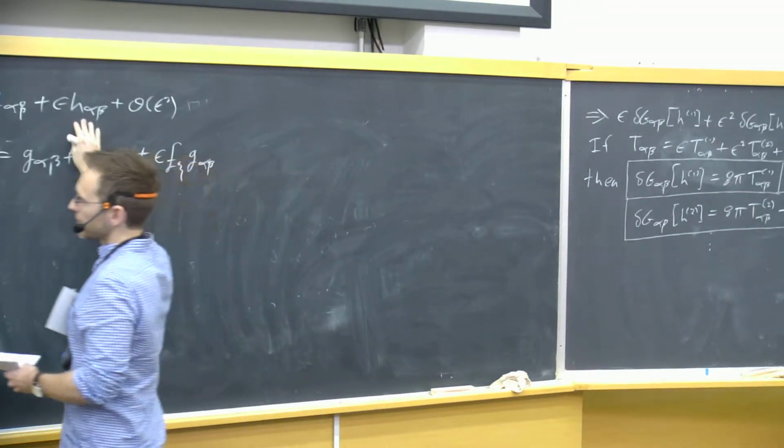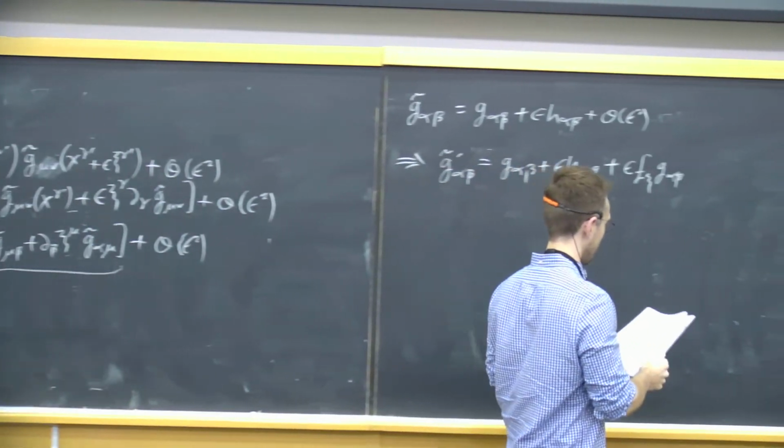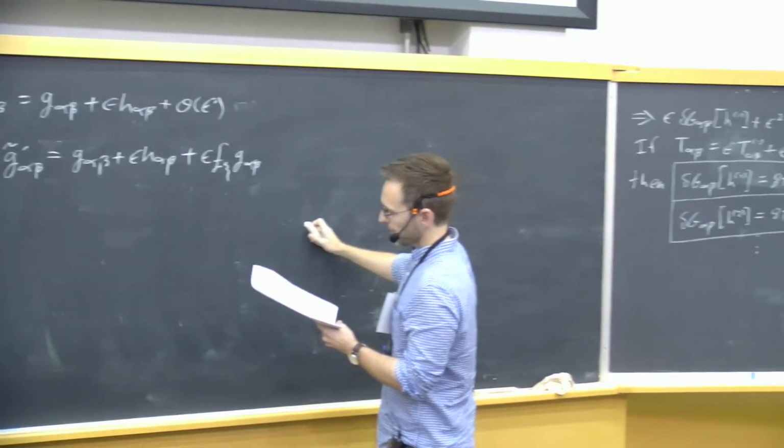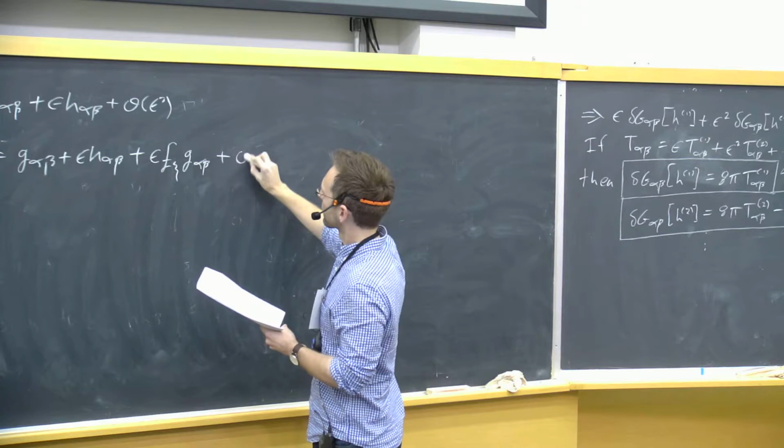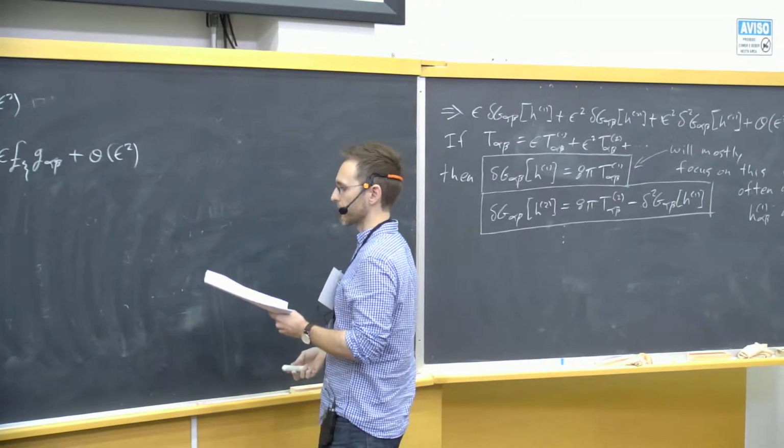If we put in the h here, that's going to be order epsilon squared, so it's going to be too small to keep, plus order epsilon squared remainder.